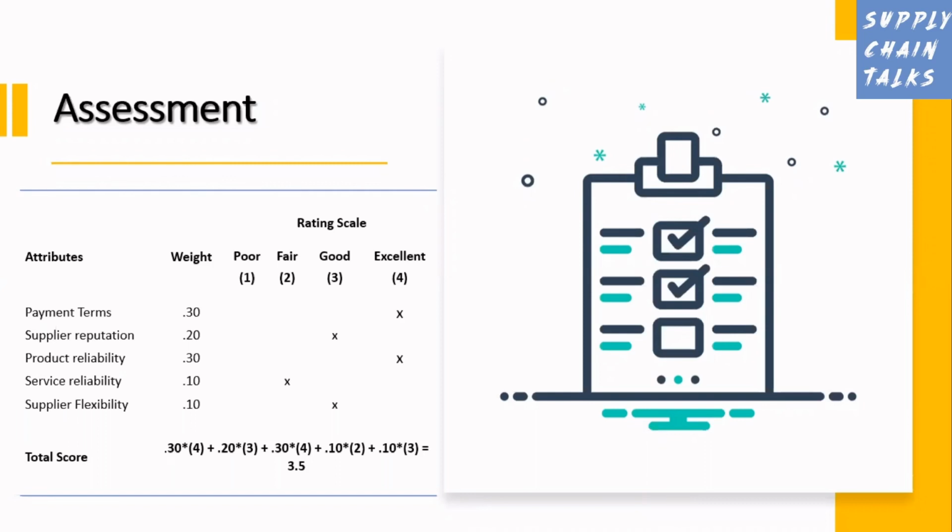In this case, the payment terms and product reliability has the highest importance, so it has been given 30% each. Supplier reputation is 20%, whereas service reliability and supplier flexibility is 10% each. Based on the scores given against each criteria, a final score is defined. In this case, it is 3.5 against a maximum of 4.